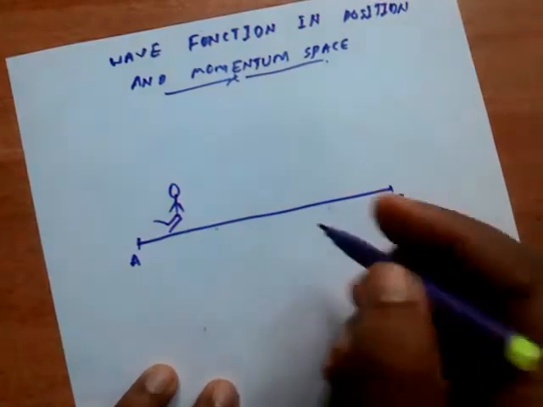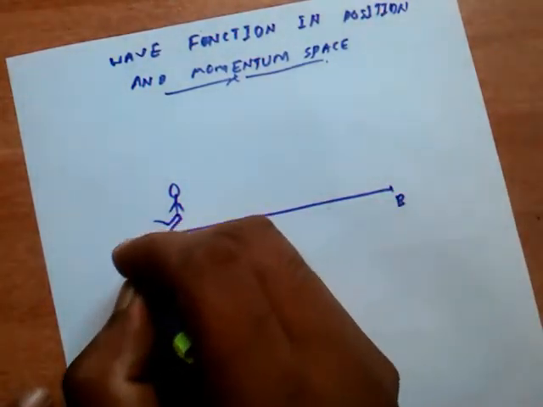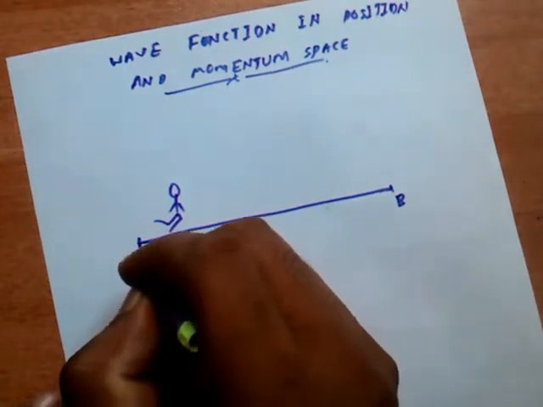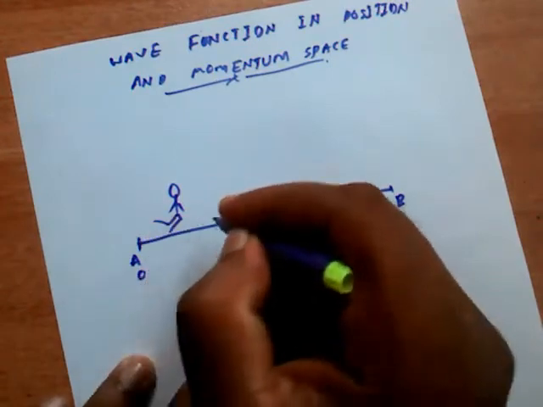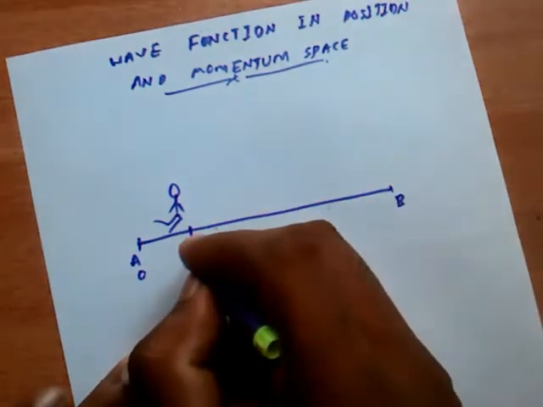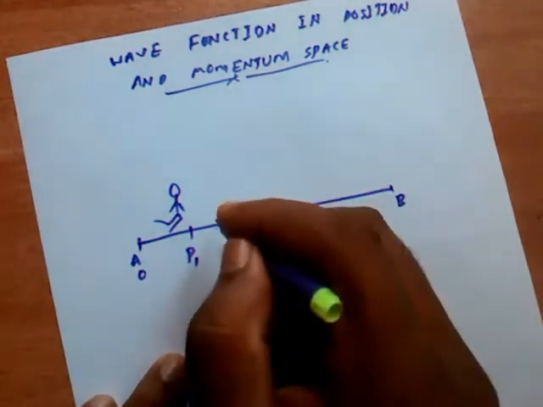He's running, and here he has no velocity, so zero velocity, and he's gaining his maximum velocity here, and the corresponding momentum is p1.